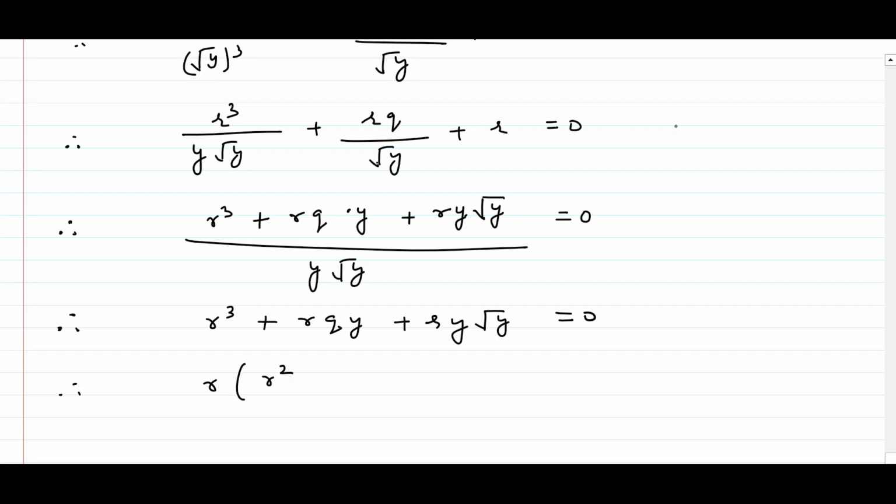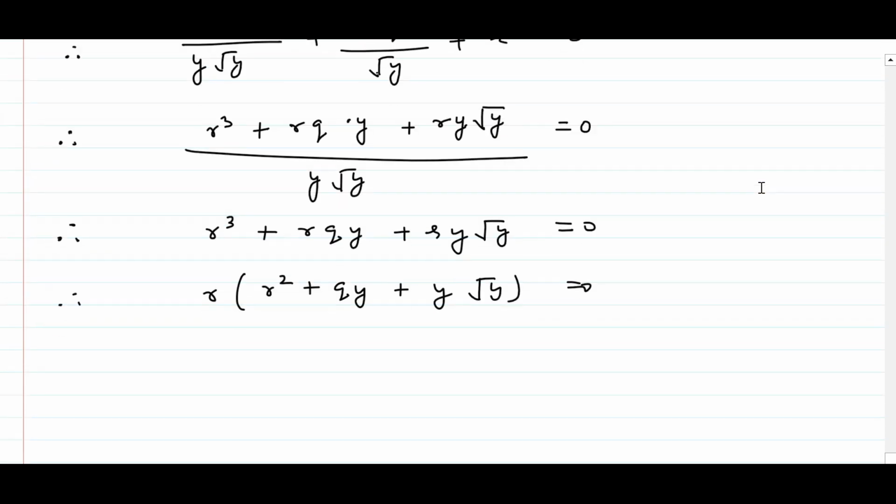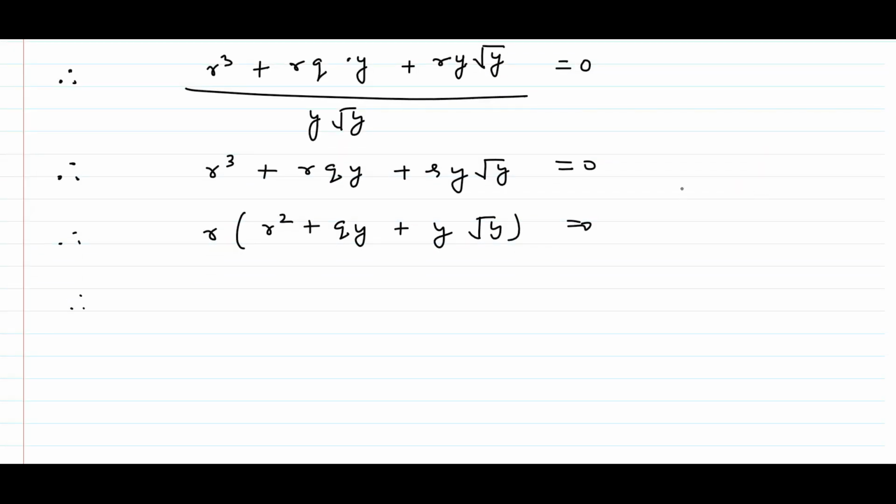So it will give r square plus q y plus y root y is equal to 0. But we know that an equation cannot have a power as a radical. So we need to write it as r square plus q y is equal to negative y root y.